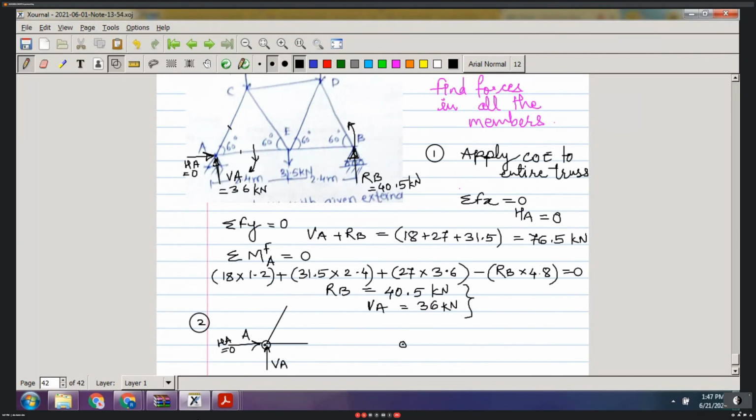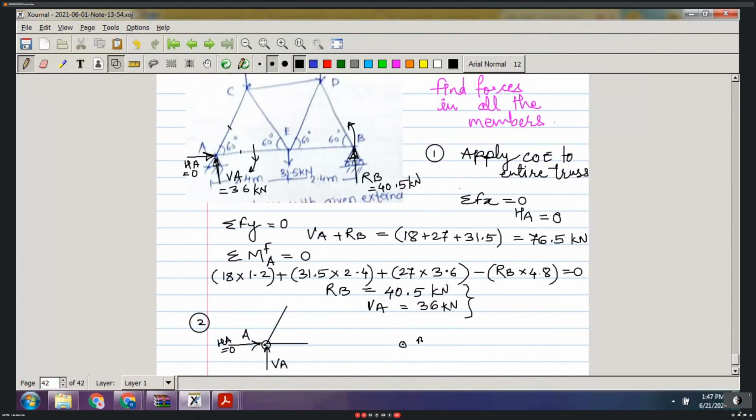So if A is in equilibrium, I have only 2 conditions of equilibrium, summation Fx is 0 and summation Fy is 0. Using 2 conditions of equilibrium, I can solve at most 2 unknowns. Yes or no? Yes, ma'am. That's why I take a joint which does not have more than 2 unknown members meeting at it.